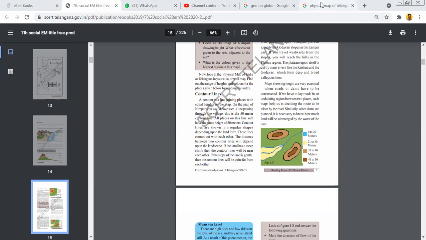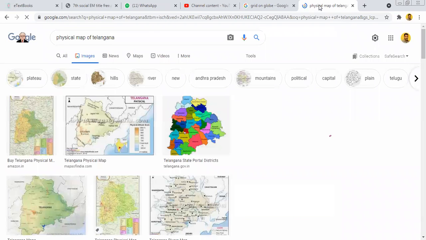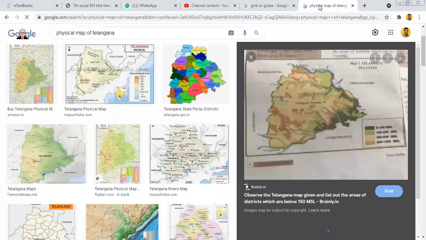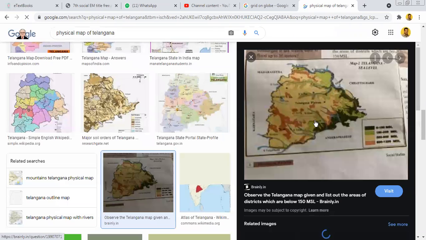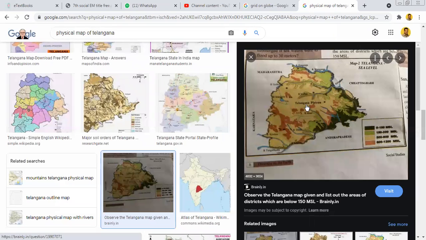Okay, so take the physical map of Telangana. How did they explain the height of the places in that? This is the Telangana physical map showing heights. Here some variations are there.